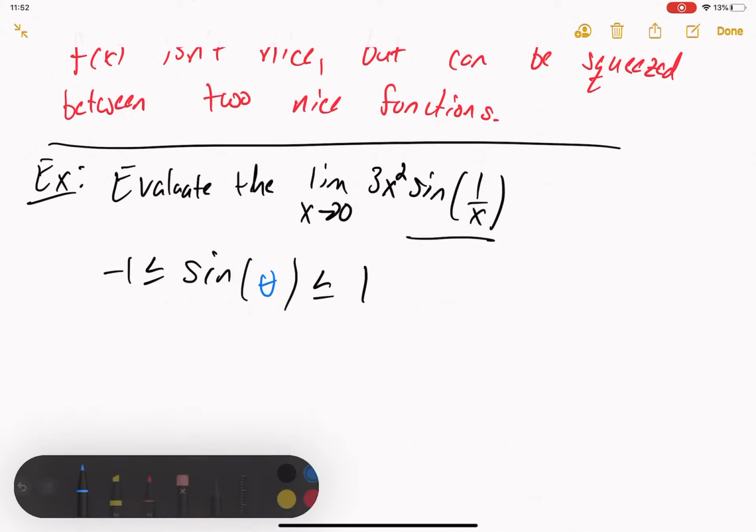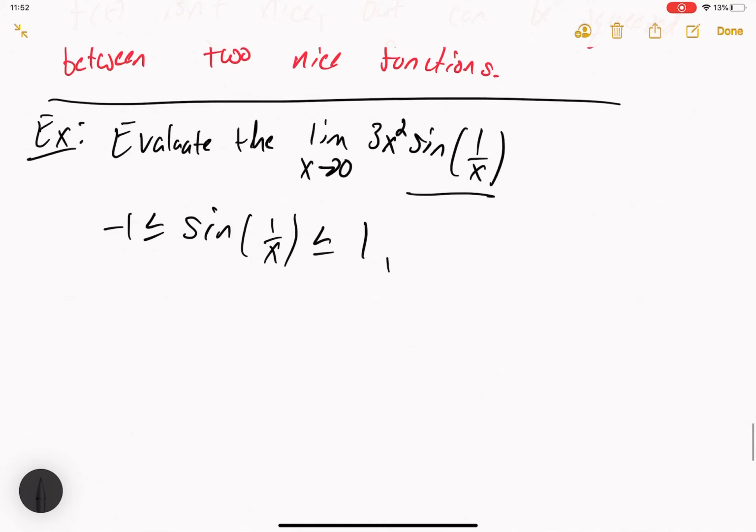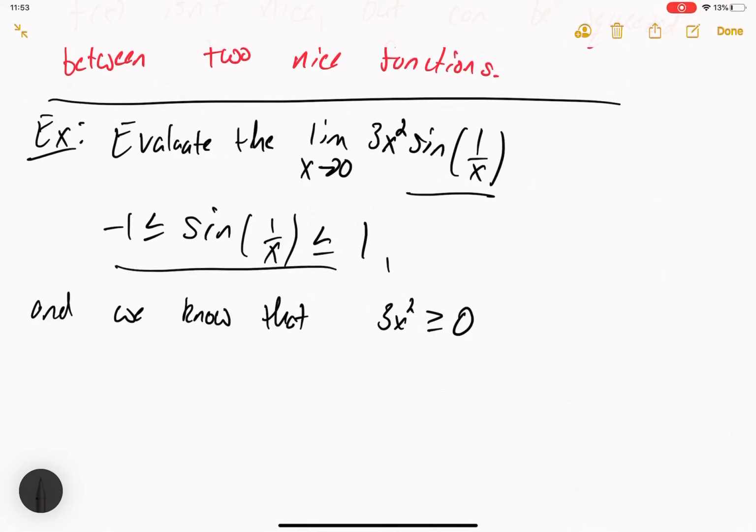But let's actually use that now. We know that sine of 1 over x is going to be between -1 and 1. And we know that 3x squared is always greater than or equal to 0. So we're going to multiply this inequality by 3x squared.